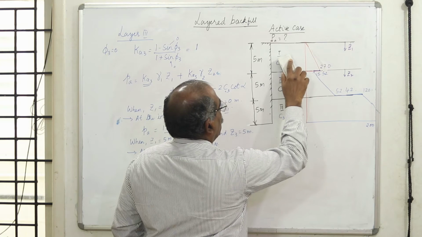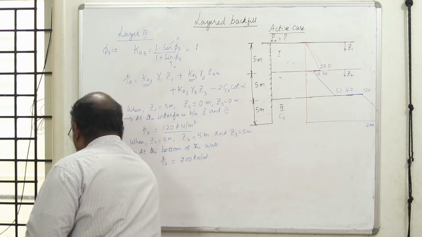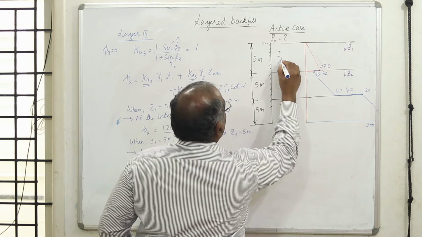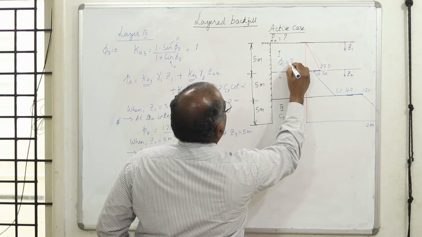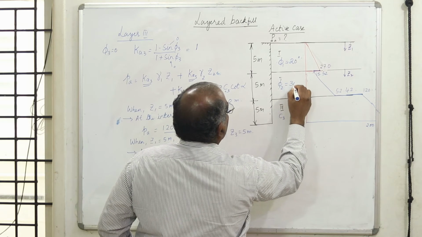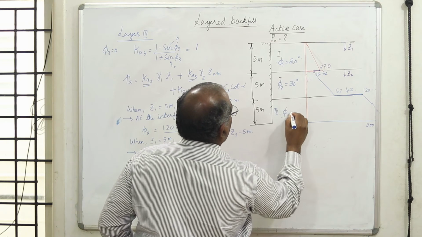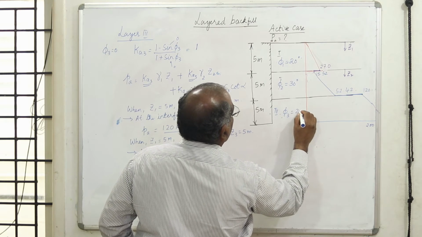Let us take that theoretical case. Let us say phi 1 is 20 degrees, phi 2 is 30 degrees, then third layer phi 3 is 25 degrees.